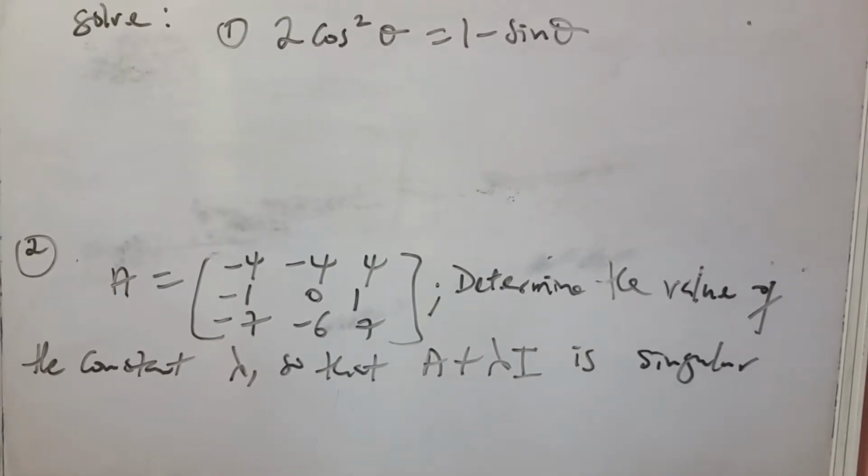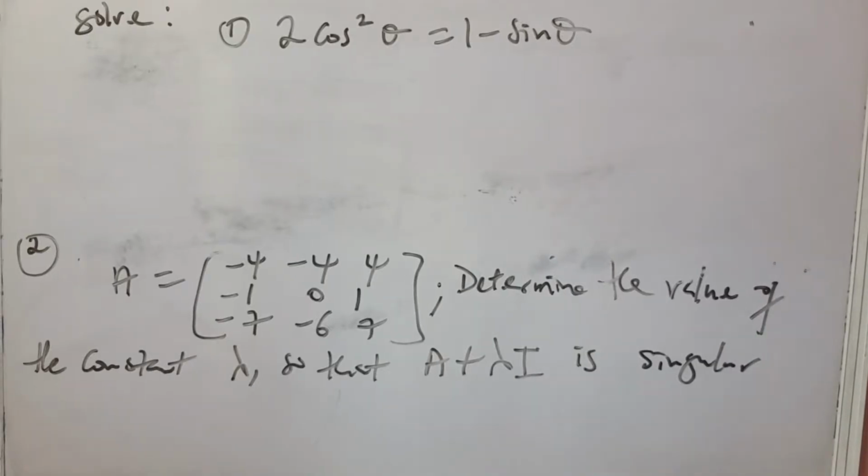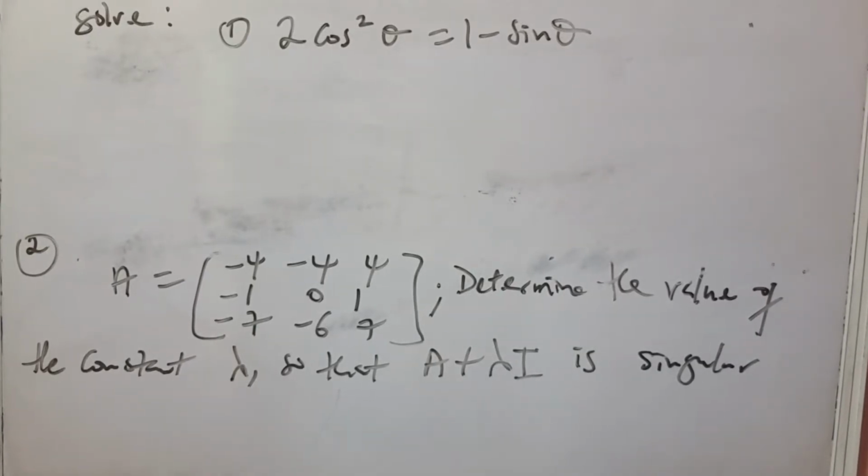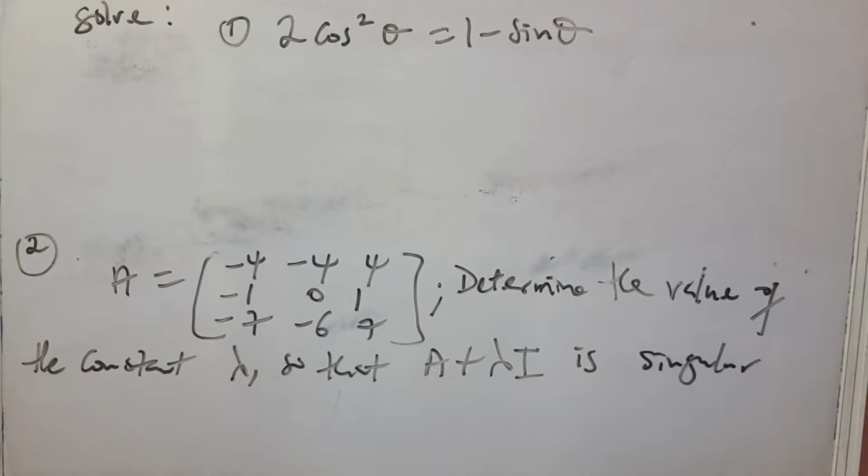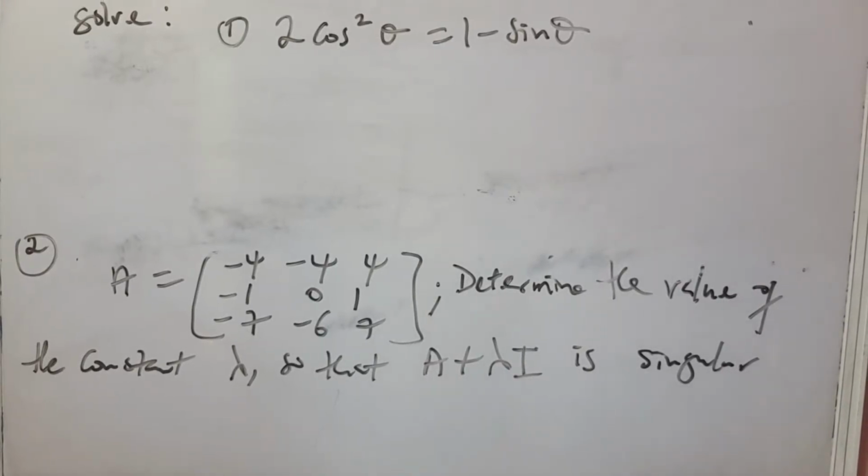Did I just see an answer? Y cube something. Let me see the answer again. Y cube plus 5 square plus 12 minus 8. When they ask you to determine the value of the constant lambda, you should be getting a perfect answer like lambda equals something.